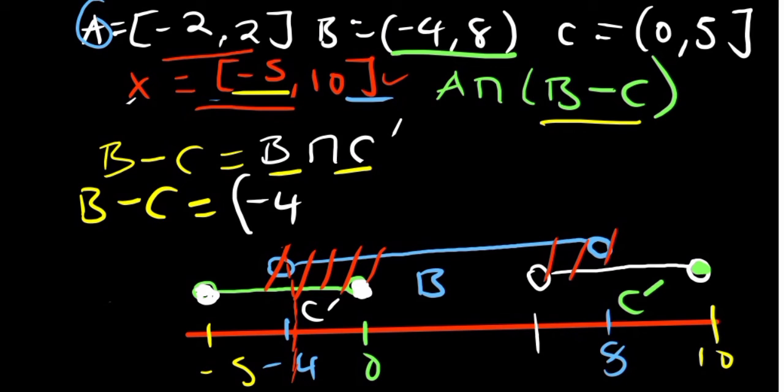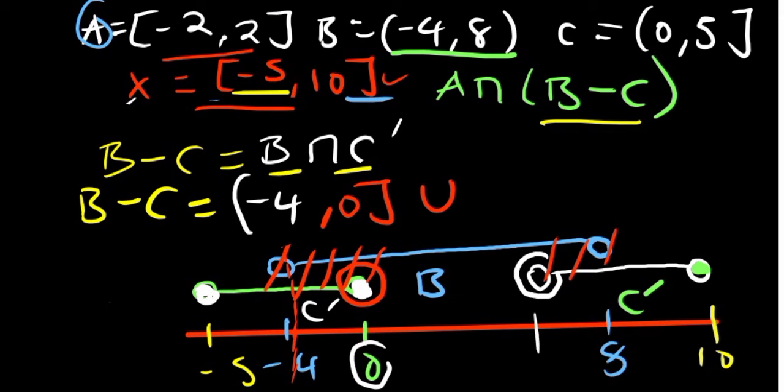Then all the way up to 0. What is going to determine again is this point. Is it shaded or not shaded? It is shaded, right? So union. Then the other part. What is going to determine is this region. Is it shaded or not shaded? And what value is there? 5. Okay.